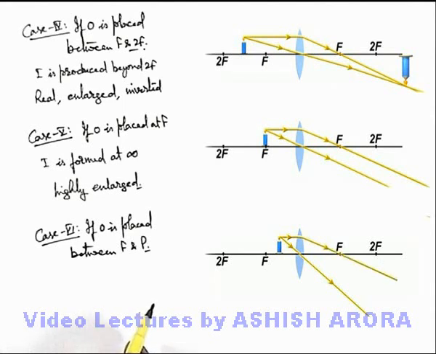So in this situation the refracted rays are diverging. On back extension these meet at a point on the same side of the lens where the object is placed, and you can see the image produced will be virtual.